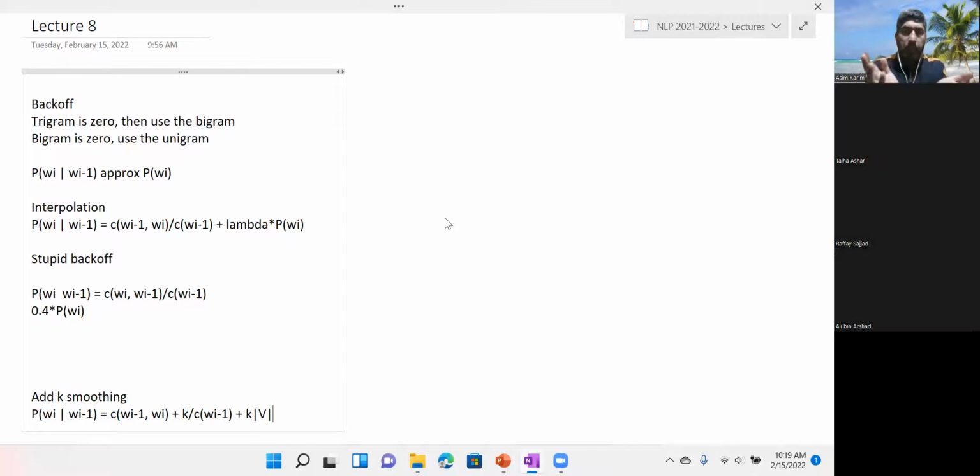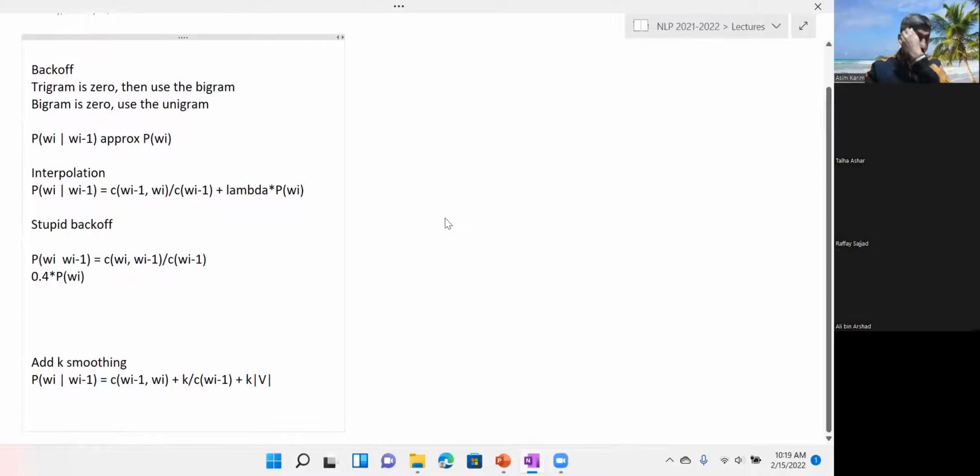Of course, please put the parentheses; I did not put them there. The whole numerator is one unit, and the denominator is also one unit. And of course, if k is equal to 1, this is add 1 smoothing.